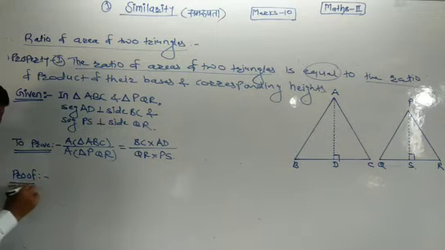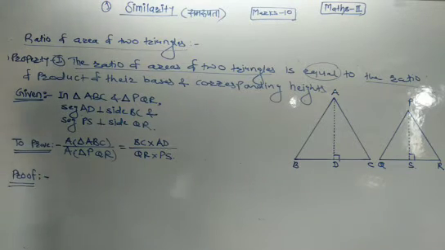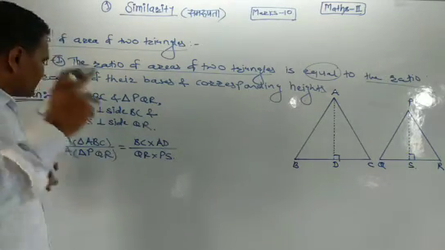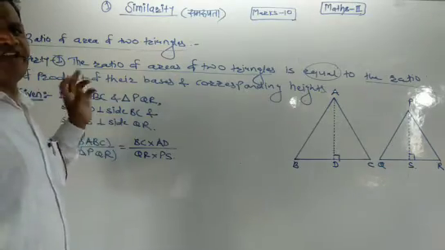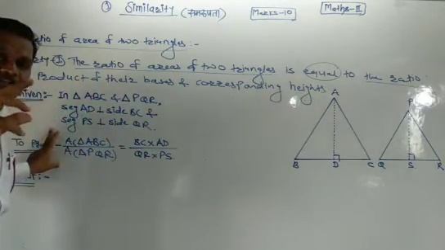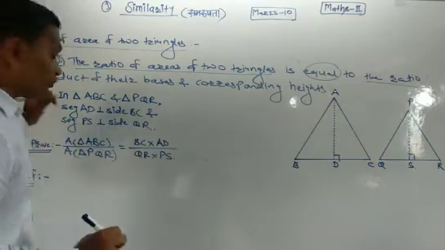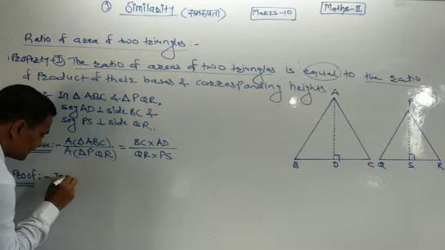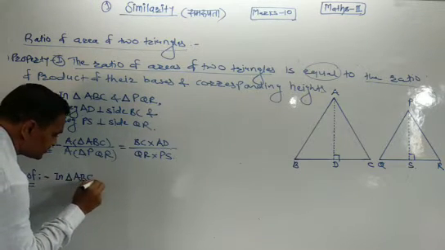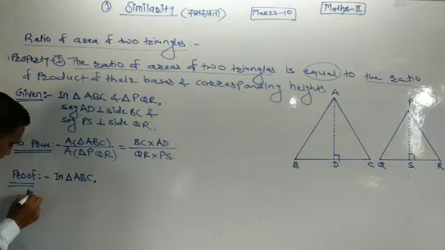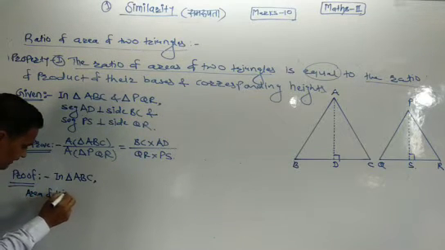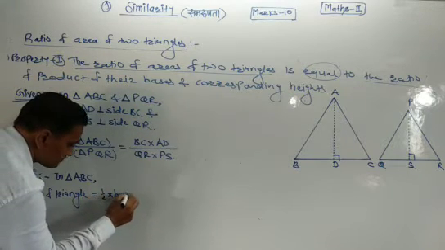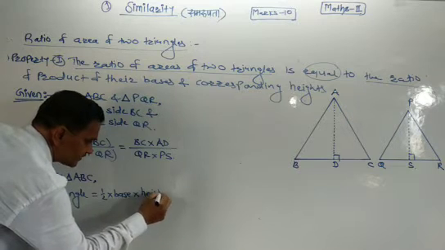Now proof. Very important, and it's very easy. First of all, we find the area of the first triangle, then the area of the second triangle, and then divide them. Thus we get the ratio of areas of the two triangles. In triangle ABC, area of triangle equals 1 by 2 into base into height.